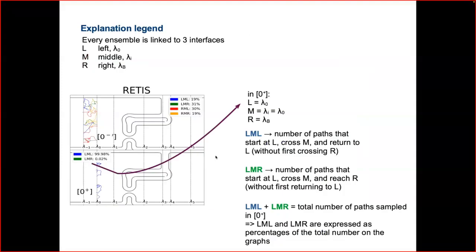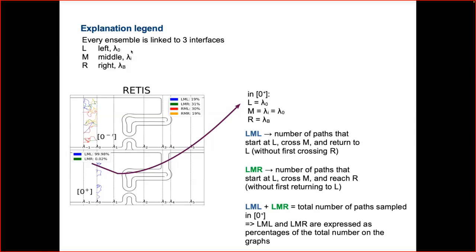I want to say something more about the legend of these graphs. We have LML, MLR, RML, RMR. We have those labels in the legend. Now, this is a shorthand notation for left, middle, and right, because every ensemble has three interfaces that are connected to this ensemble.